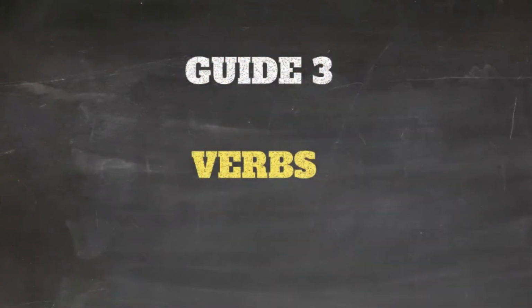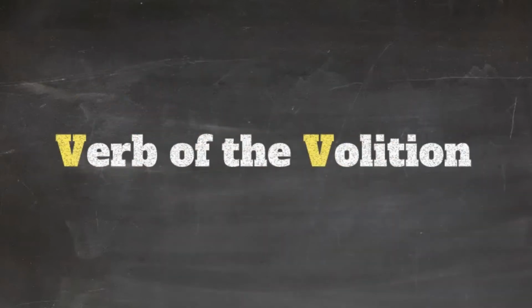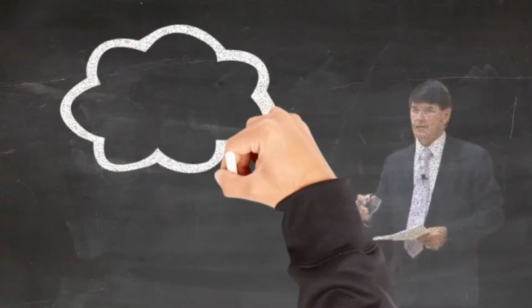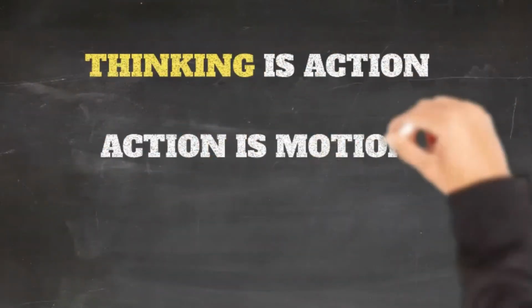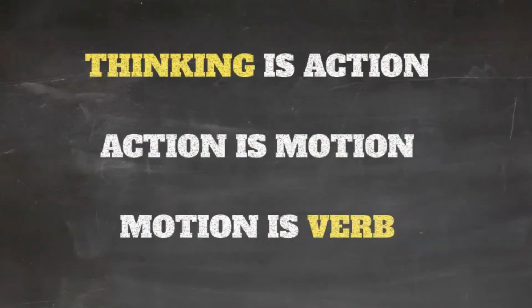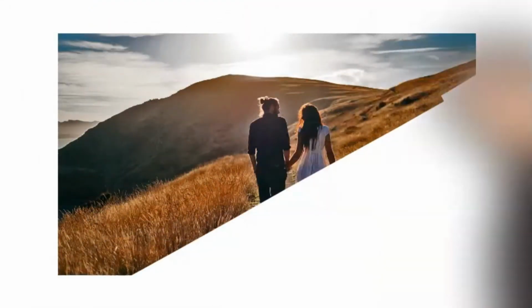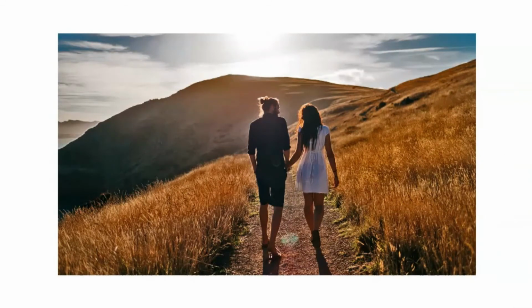Guide 3, Verbs. Verb of the volition. There are only two verbs in the English language. Before we do anything in life, we must think. Thinking is action, action is motion, motion is verb. Walking is not a verb. We must think to walk.